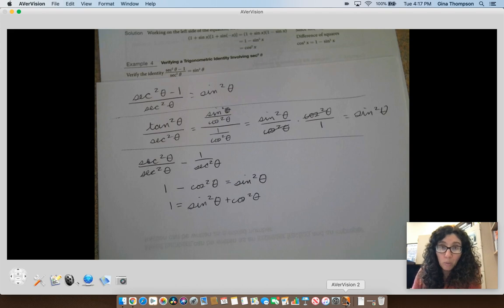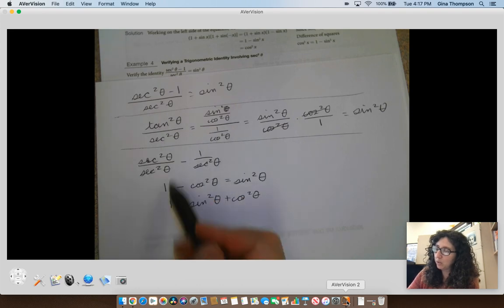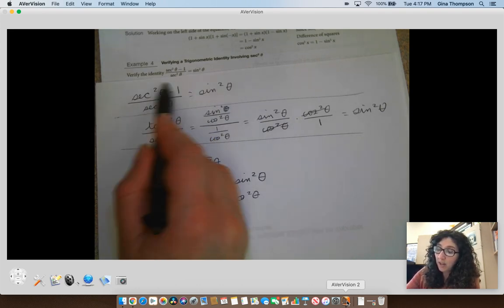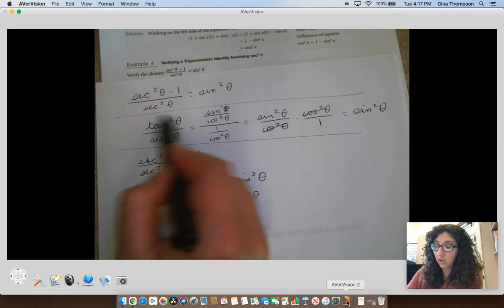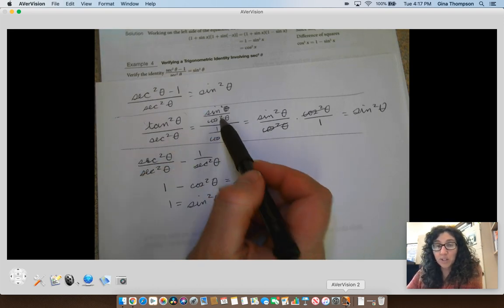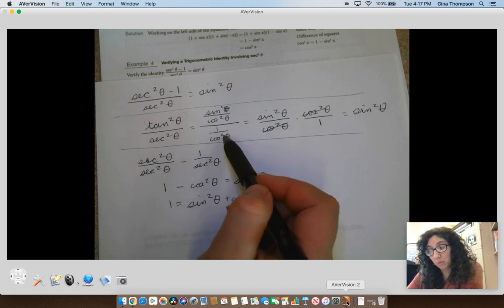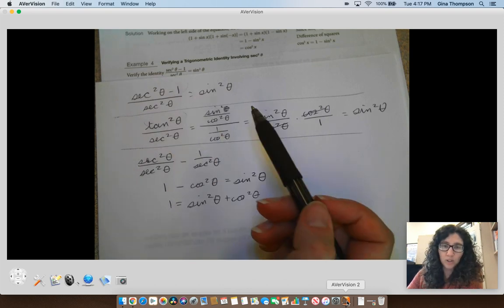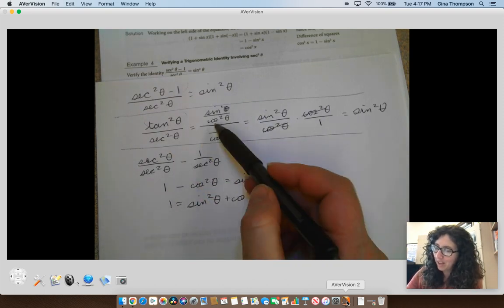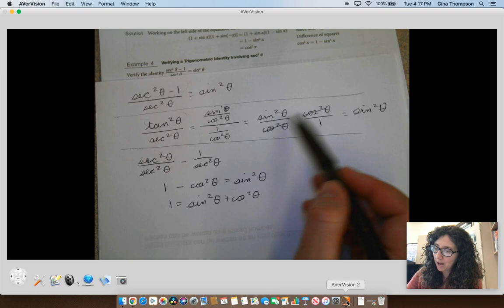There's probably a third way. Okay, there's not really one way to do these. But let's think of the 2 ways that we did it. One was to use a Pythagorean identity straight away and replace this with tangent squared. And then I used the reciprocal identity and ratio, or whatever, that tangent equals sine over cosine. I can't think of what they call them. And then I wrote them out.